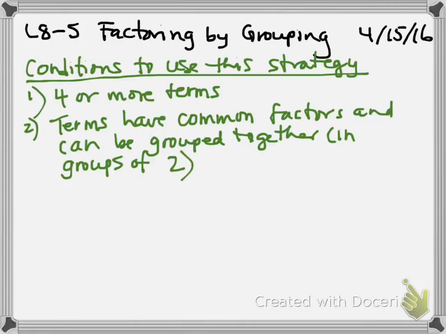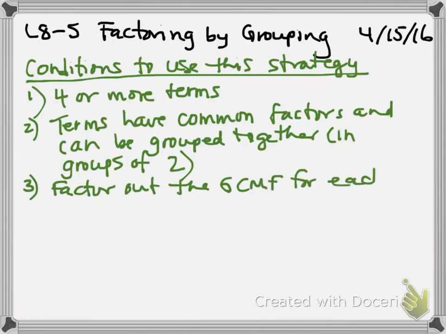So for us, generally speaking, we're going to be taking these 4 terms and grouping them in pairs, okay? And then as you factor out the GCMF for each pair, a common binomial reveals itself.